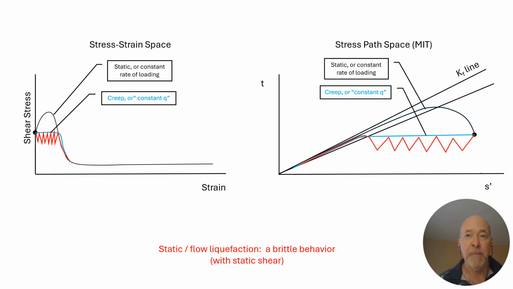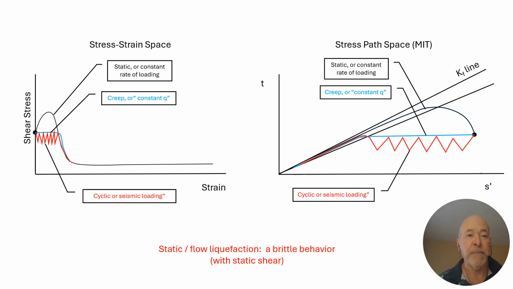So the more circles basically staying the same size but sliding off to the left. That's what the blue line represents on the right-hand side, is that Mohr circle stays the same size, but it slides off to the left. That's what that stress path is telling us. And then on the red, we've got seismic or cyclic loading. So we can cause flow liquefaction in many different ways.